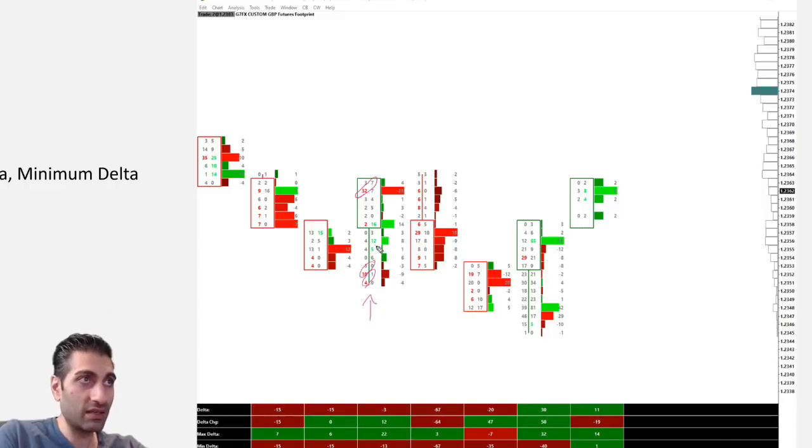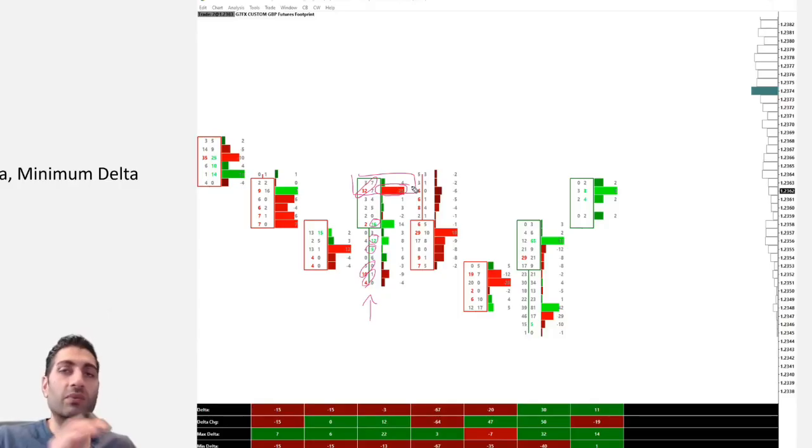Whereas here, we had more buyers and sellers on the diagonal basis. So what I like to do is combine it with the sideways delta, which is minus 25, which is 32 more sellers than buyers. Do you see, this is actually quite a strong selling area on its own.